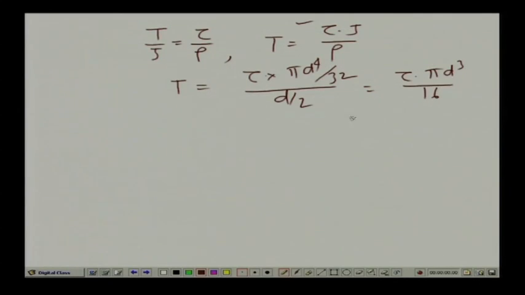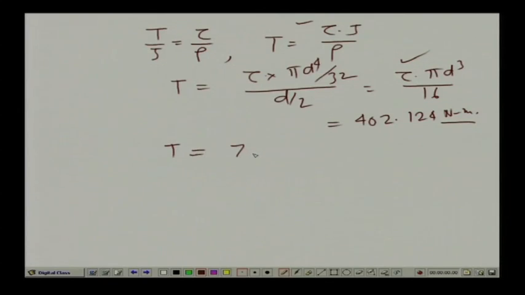If we substitute the value of tau, we know that it is to be limited to 32 MPa, and that comes as 402.124 Newton meter.